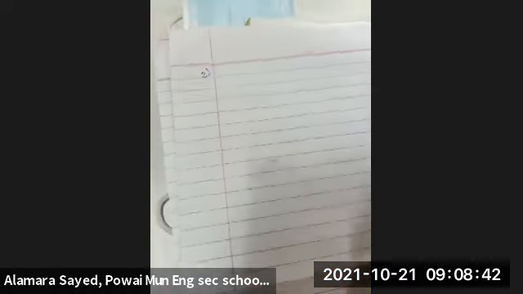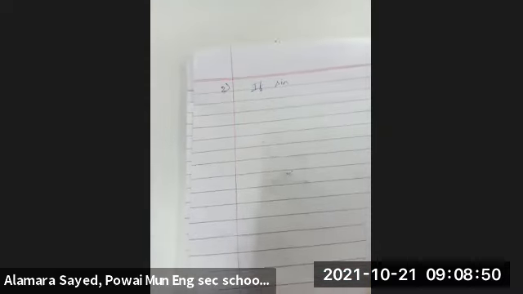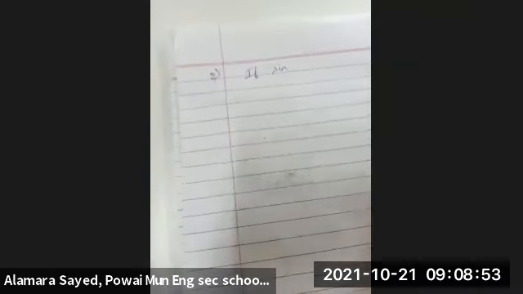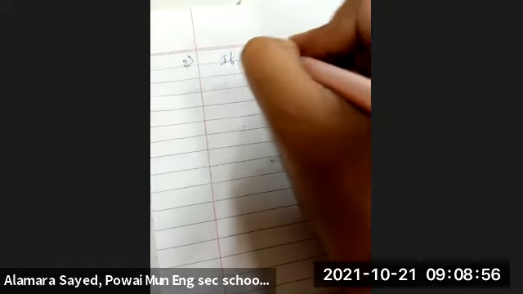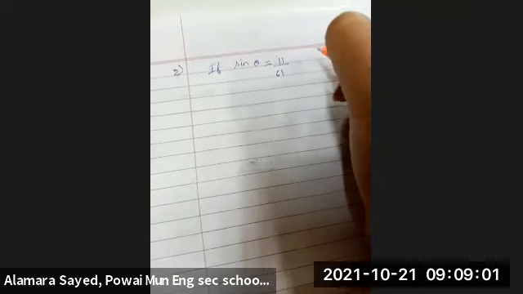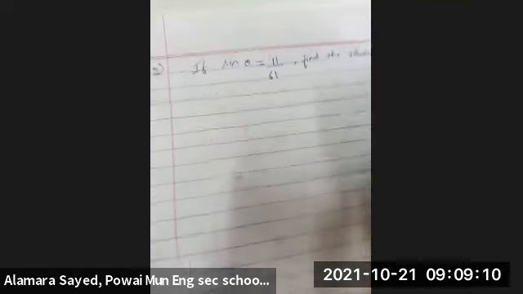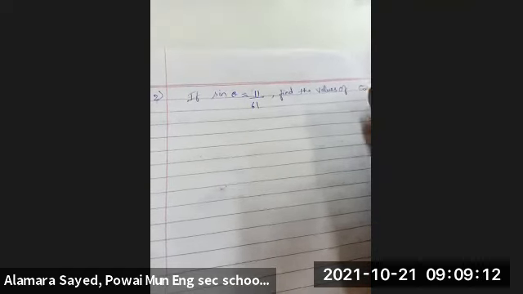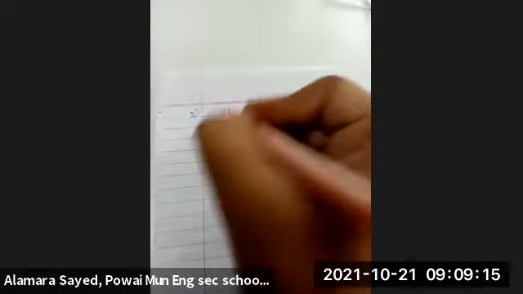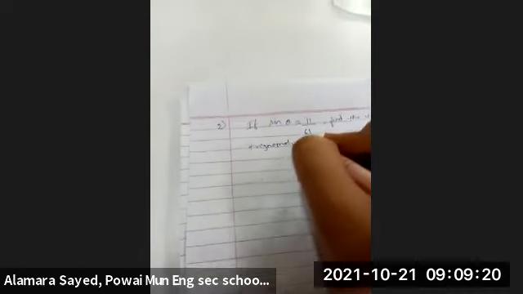Number 2. If sine theta is equal to 11 upon 61, find the values of cos theta using trigonometric identity.